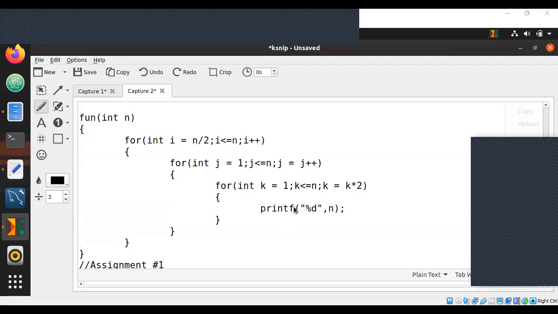I hope you're all able to understand why the previous one was big O of square root of n. If you have any questions regarding that, you can ask me right away. Now, the second question that I'm taking up is this one, which is a triple for loop. Now, what happens over here?